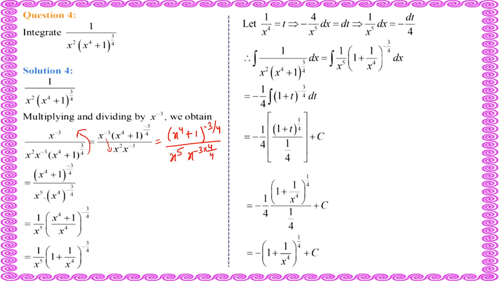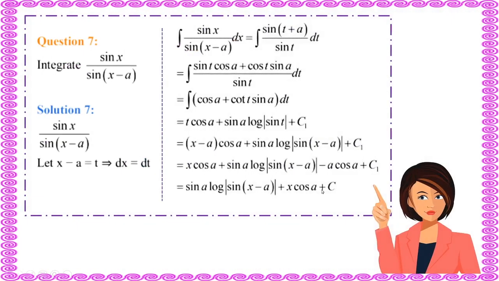Why are we doing this? So that we make the same power in the numerator and denominator. Now we can take 1 upon x raised to the power 5 outside and we can take their combined power minus 3 by 4. Now we are splitting it, then we are applying the substitution method and then we are integrating. This is very simple. You know very well how to do it.